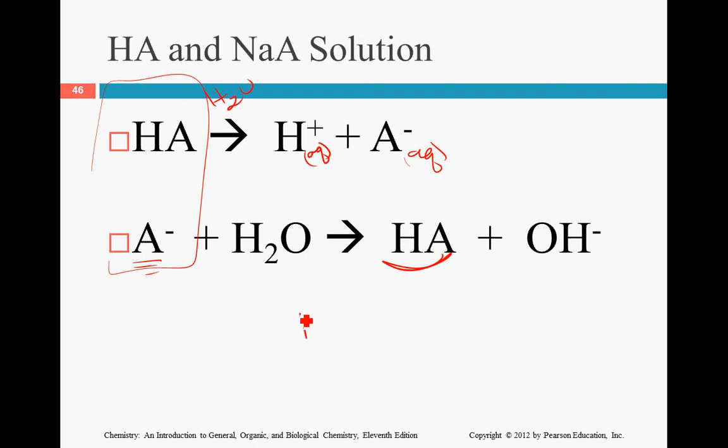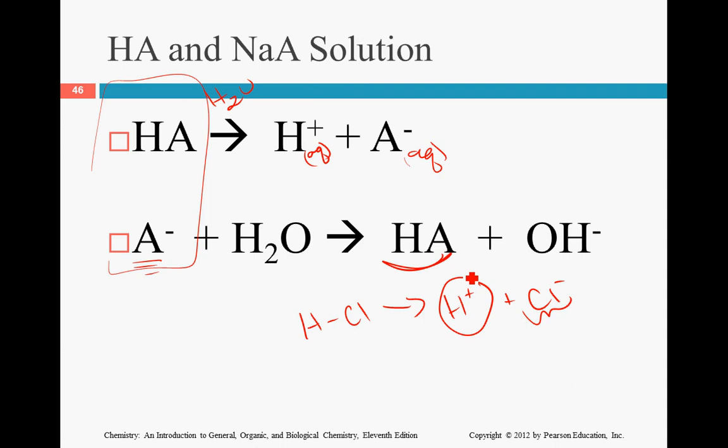For instance, if we add HCl to a solution, that breaks up into H plus and Cl minus. The Cl doesn't really do much as far as the acidity is concerned. However, this H plus, when we add hydrochloric acid, could cause a huge effect in the acidity. It can make it a much more acidic solution.